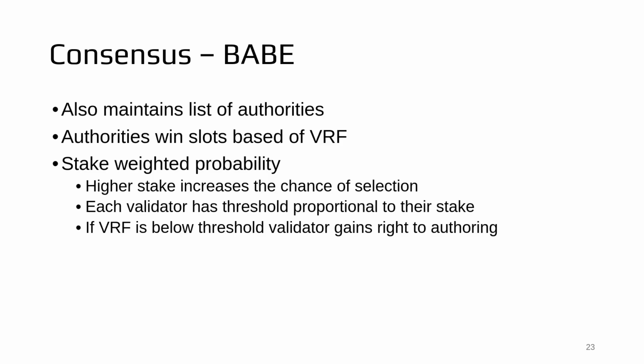Whereas for Babe, we still maintain a list of authorities, but it's not round robin anymore. Authorities actually have stake, so they stake a certain amount of tokens, and they win rounds based on their stake. And how that happens is they run a verifiable random function, and the verifiable random function just generates some output, and depending on their stake, they specify a threshold.